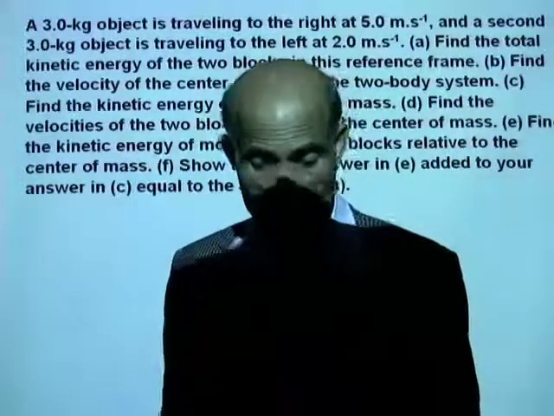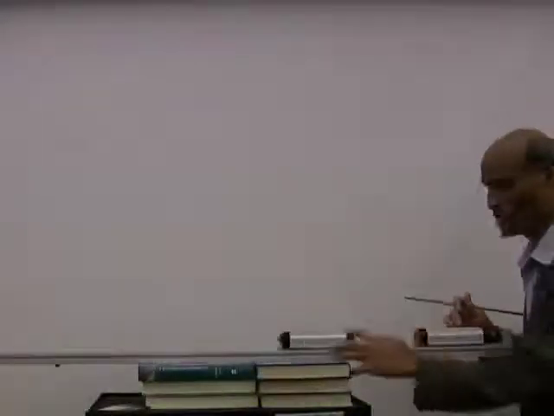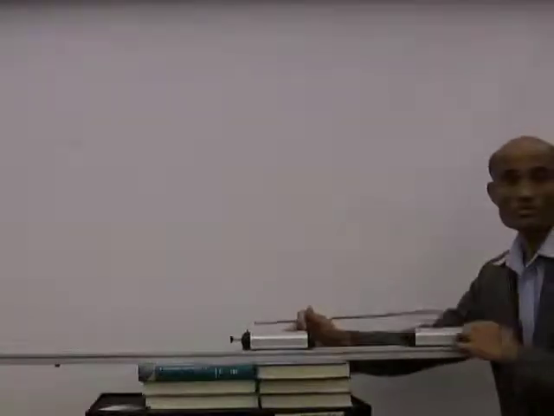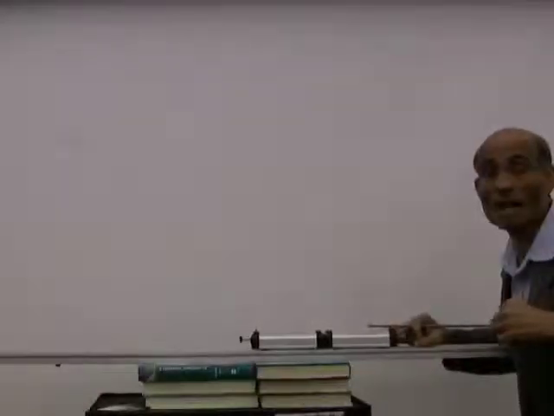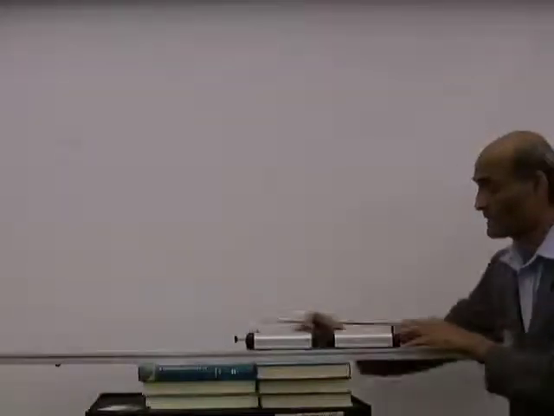Let me see if I can show that to you. Now, I have two objects here. This is the first object of 3 kilogram traveling to the right at 4 meters per second, and the second object of mass 3 kilogram traveling to the left at 2 meters per second.